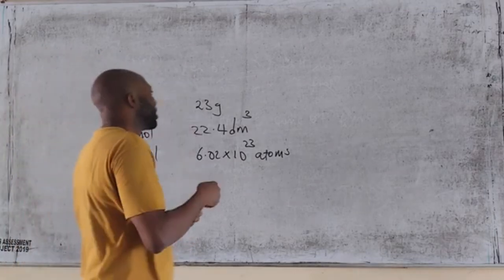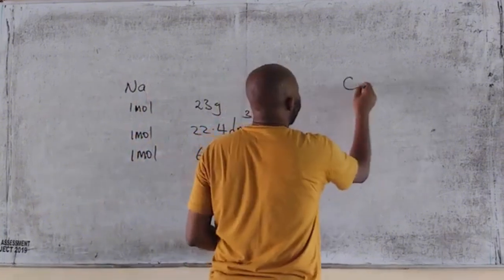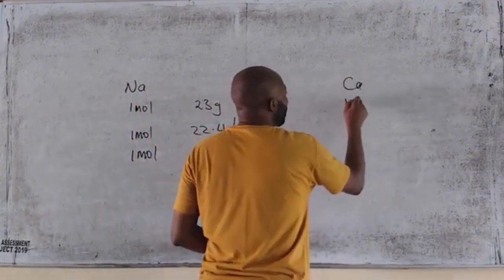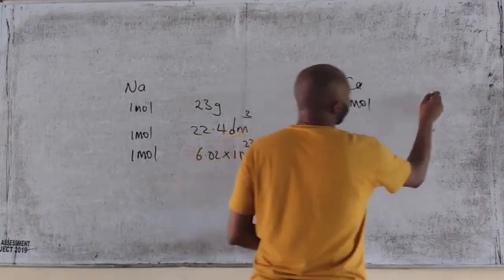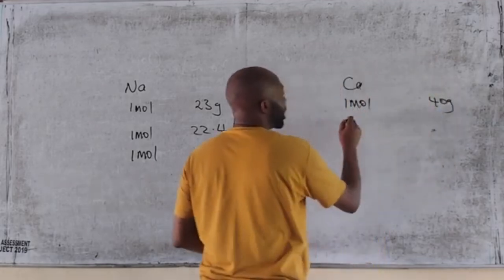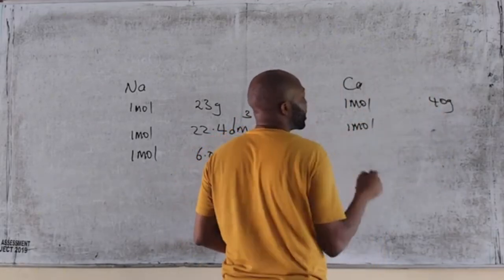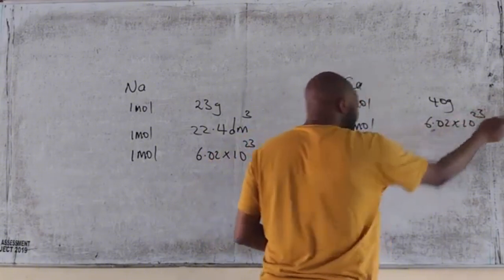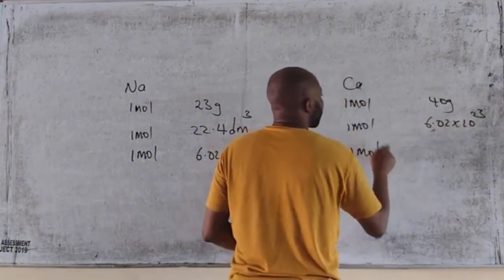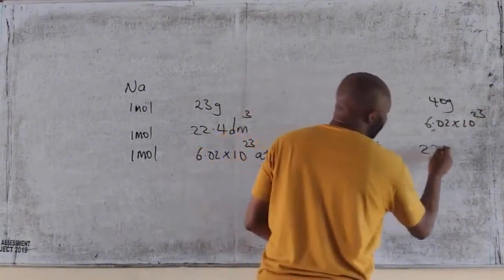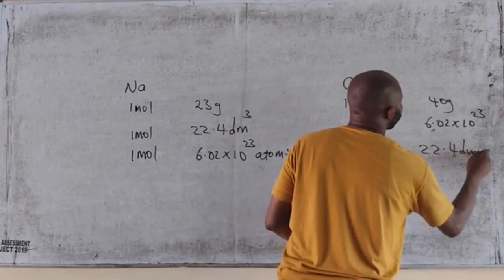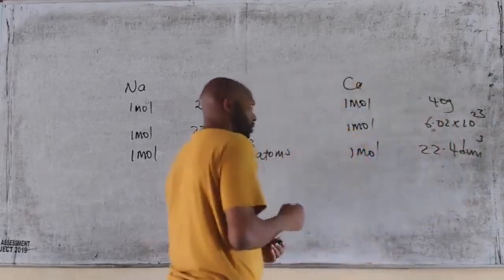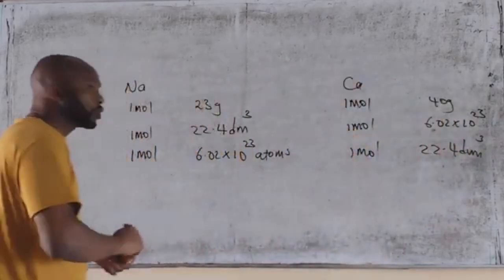This equivalently will be the same thing if I'm dealing with calcium. 1 mole of calcium is equivalent to 40 grams of calcium, and the same 1 mole is equivalent to 6.02 times 10 raised to the power 23 atoms. And 1 mole of that is equivalent to 22.4 dm cube of calcium. So this goes on and on.